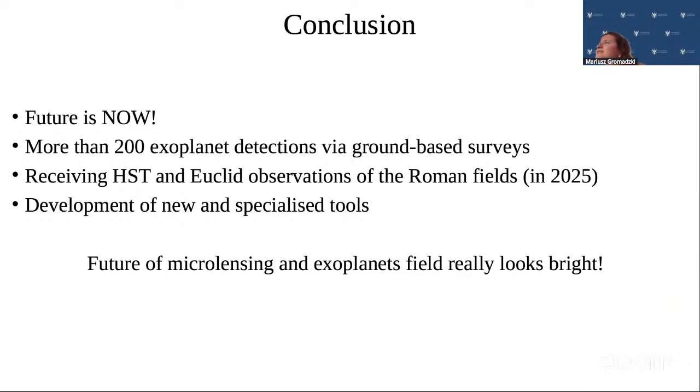Do you know what the overlap is of the first Euclid epoch, those nine images, with the finalized Roman fields? It's pretty much all. Pretty much.